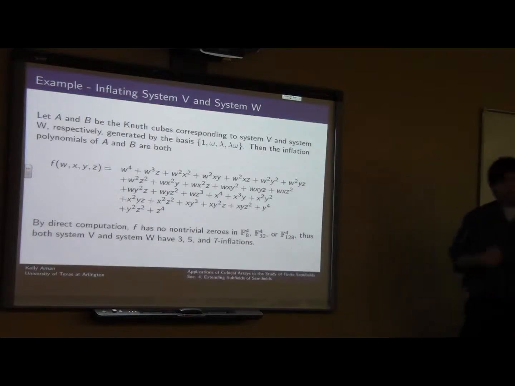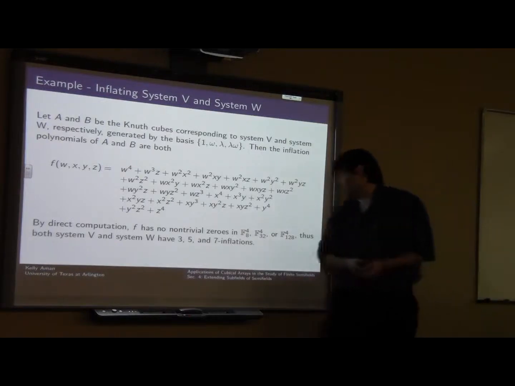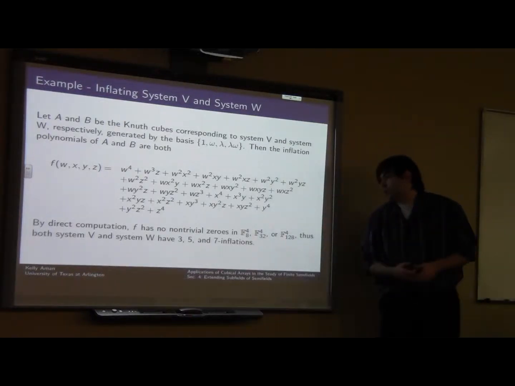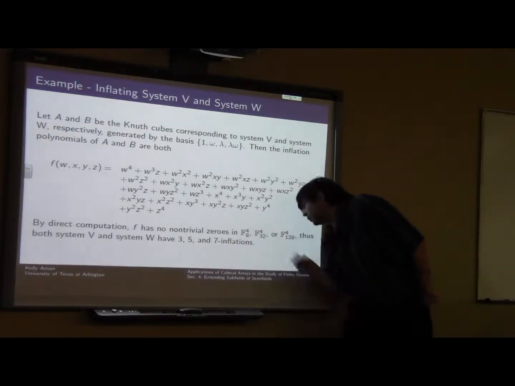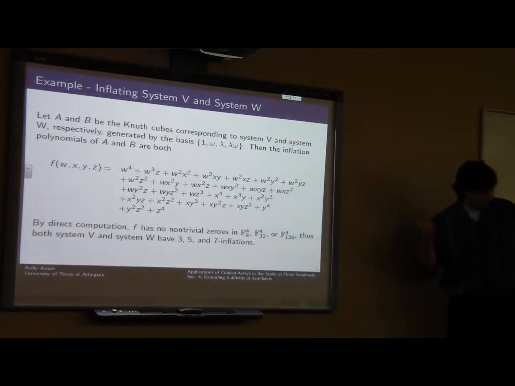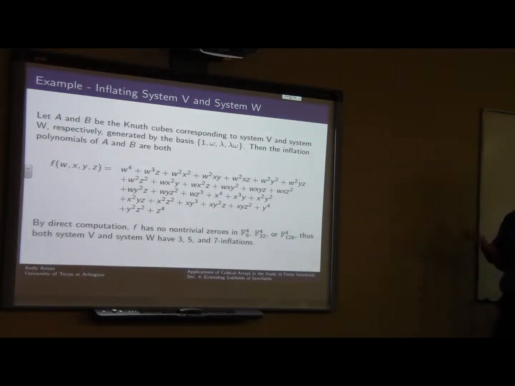So basically, I used a computer and had it test every possibility, and I was able to see that this thing had no non-trivial roots in F8 to the fourth, F32, and F128. So both system V and system W have 3, 5, and 7 inflations. I'm just reminding myself, these are just no non-trivial zeros.